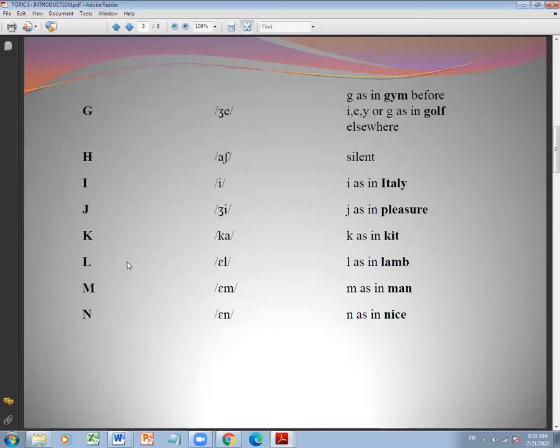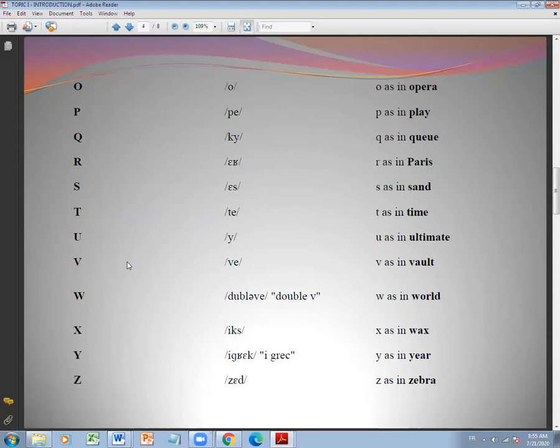Then we say G. Letter J is J, letter G is G. So we say G, H, I, J, K, K is K. L, M, N, the same as in English. O, you remember there was letter E in English? There's a difference, but this one is now O, mouth rounded.